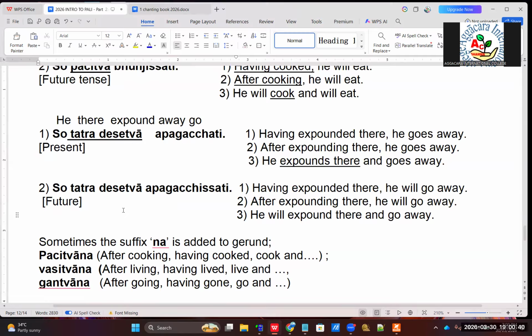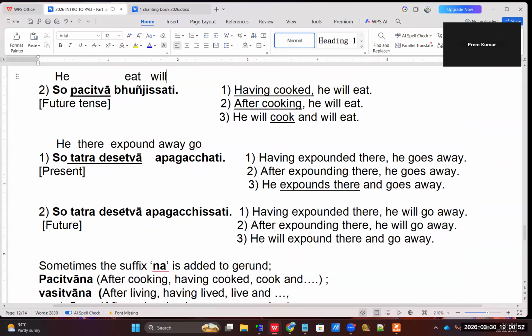So, any question about this? Okay. No question. I think Eddie, yes. Same as tatra, is it? Yeah, tatra is there. Same thing. So these two sentences are the same.